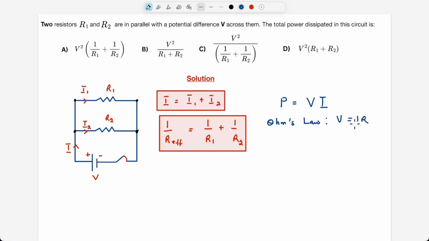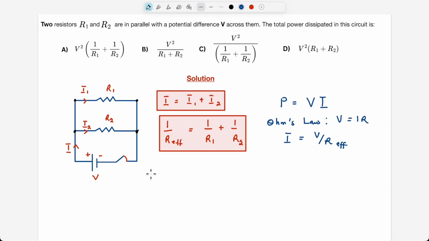So here we can find that current, which is the total current. So the current is going to be I equals V over R. And this I is the total current. This R here is the effective resistance for the whole circuit. We can plug this I equals V over R effective in here.